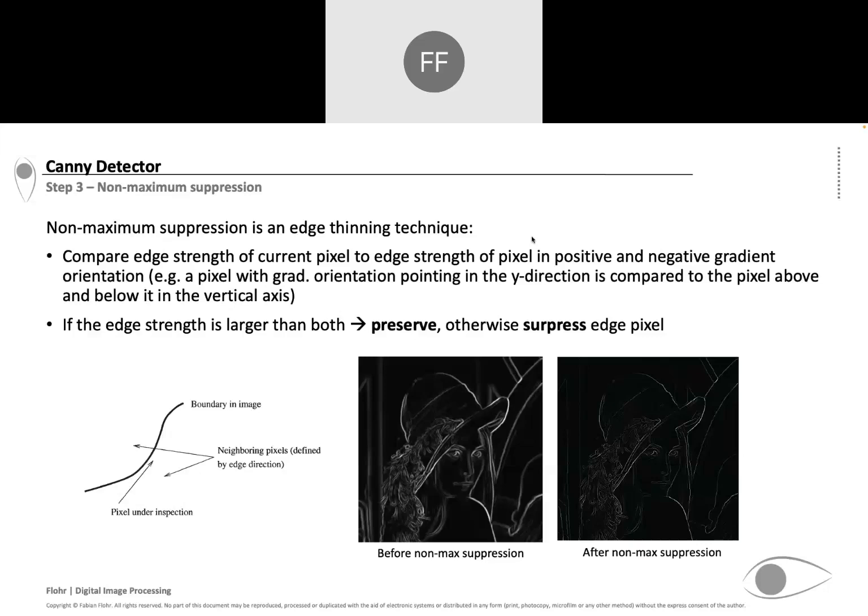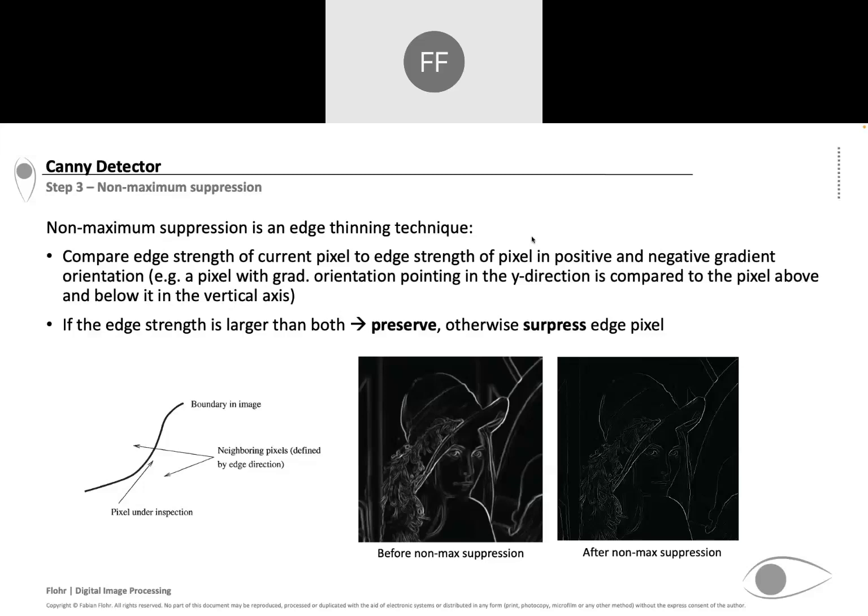Or if you have a horizontal edge, we would compare top and bottom pixels with each other. And we select this edge pixel only if it's a clear maximum, and otherwise we throw it away. This is classical non-maxima suppression, and it leads to a thinning out of these edges.